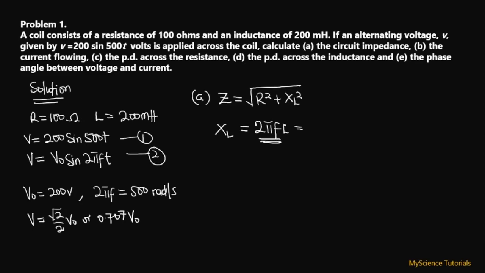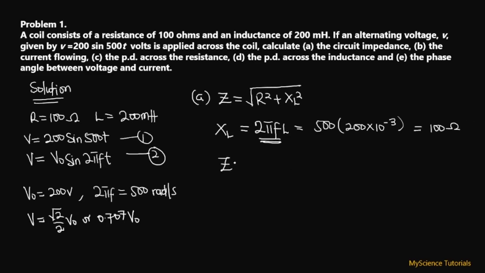So our 2 pi F is now 500 multiplied by the inductance of the inductor, which is 200 millihenry. Milli is times 10 raised to the power -3. If we compute this into our calculator, we are going to get 100 ohms as our inductive reactance.